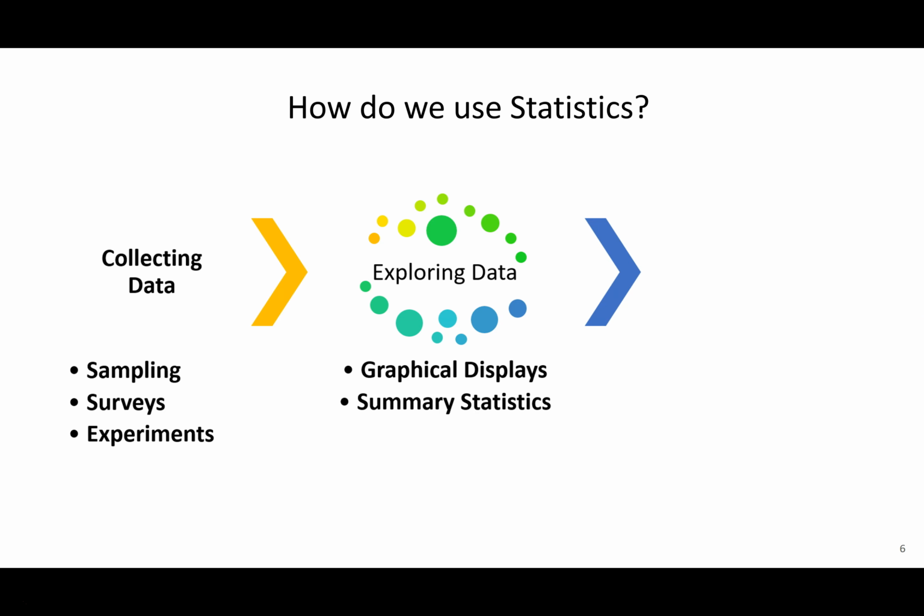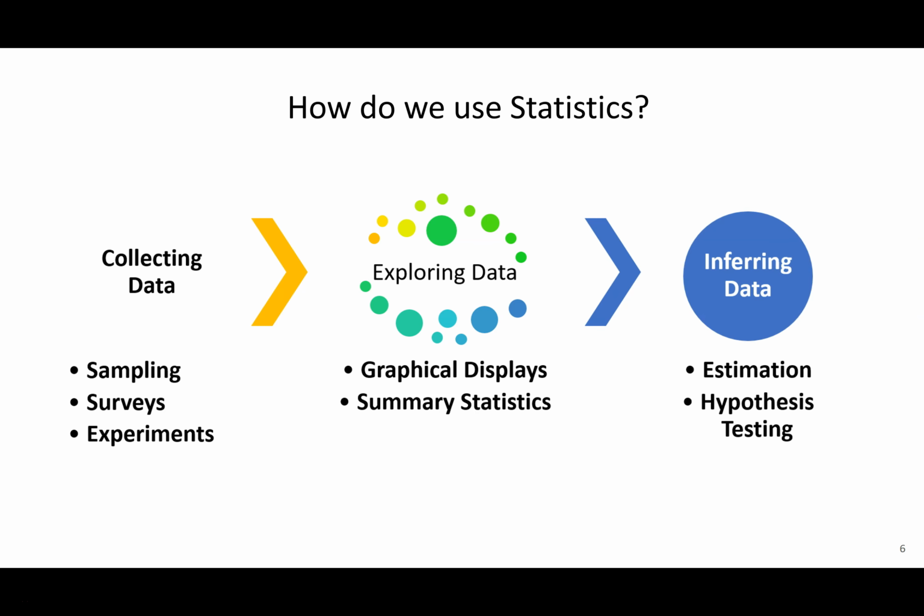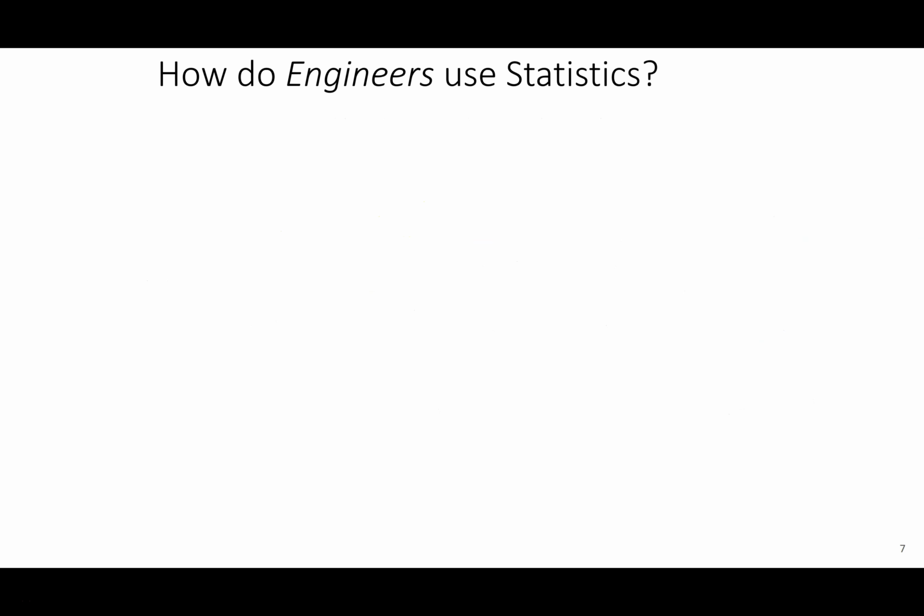So you make graphical displays, you summarize them with statistics, numerical summaries, and then we use the information that we see in samples to say some statement about the population. The ways that we do that most often are estimation or confidence intervals and hypothesis testing.